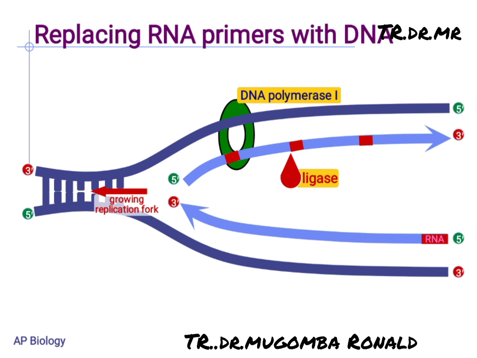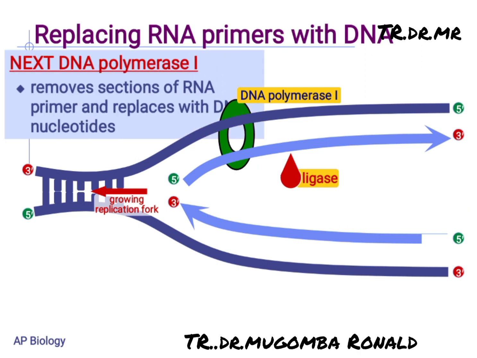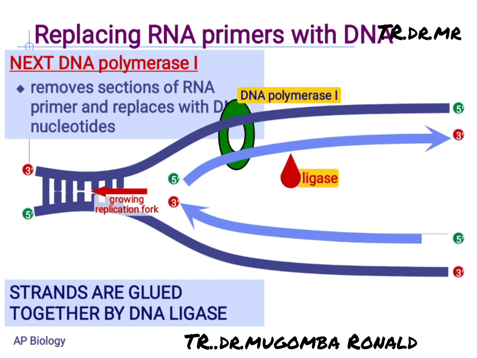Then the ligase comes and welds. You can see that very well. It is welding and removing. It's welding them very well. So we have seen all that. The strands are glued together by DNA ligase.